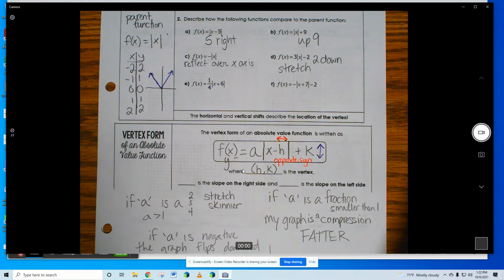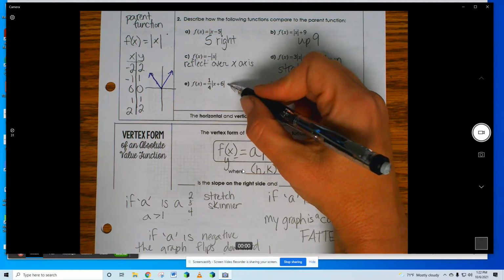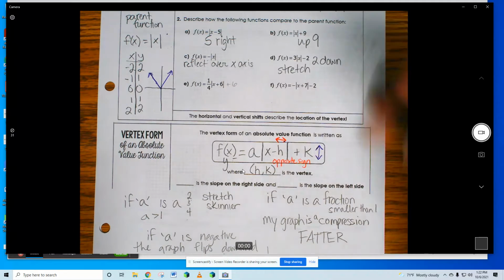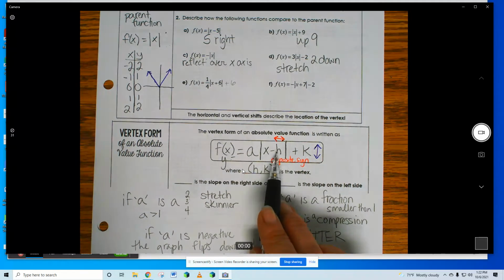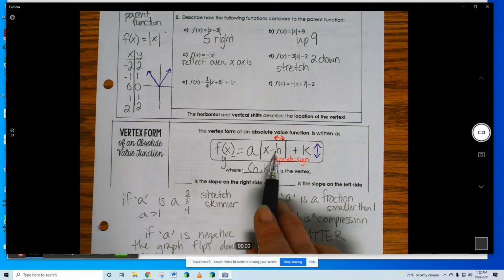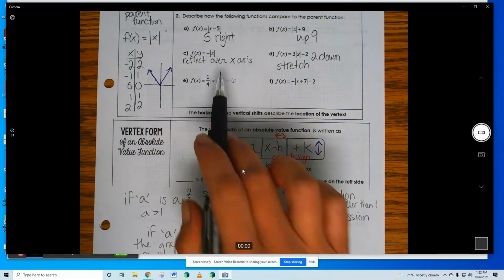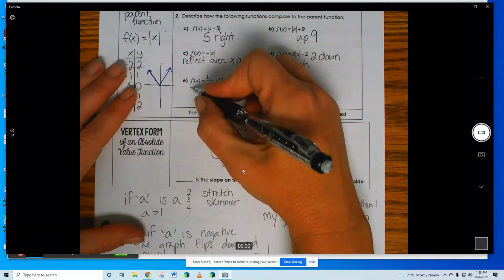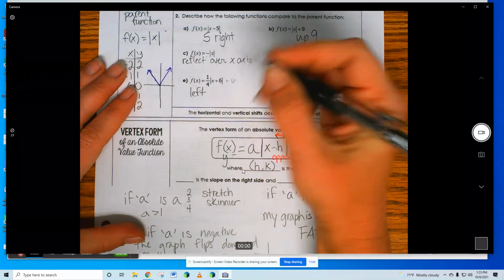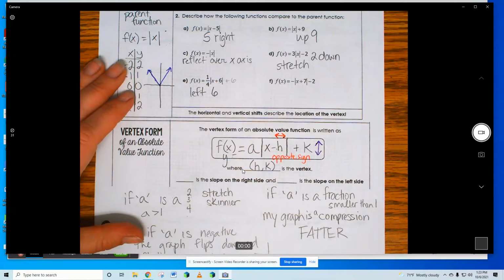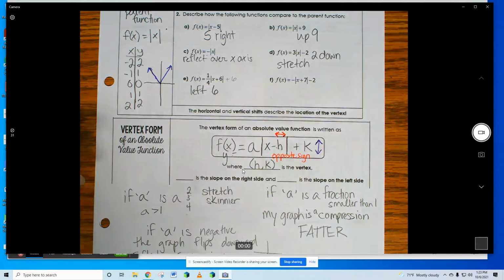Table 5, your E. What happens to the +6? What does that do? Oh, that would be if it were a +6 at the end. But 6 inside. Look at the screen. See my pencil? And it's opposite sign. Good job. You're next. Okay, so I'm going to go left 6. And then what does the 1/4 do? 1/4 down here.